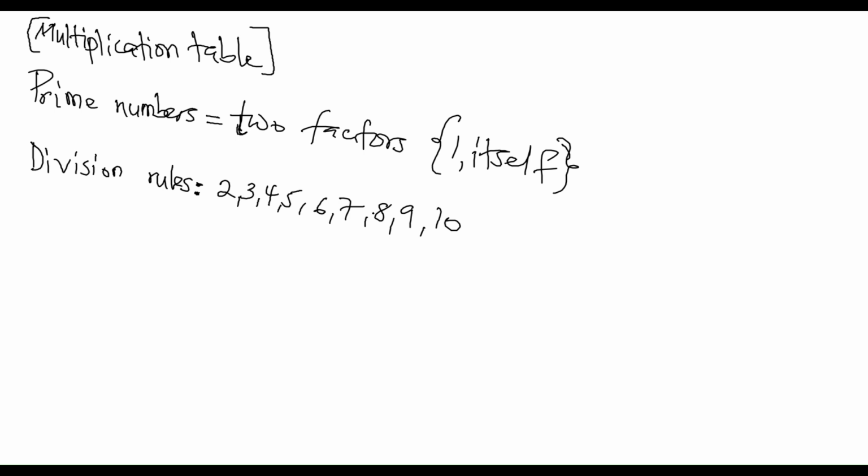We are going to stop at 10. So when they give us a number, how do we know that the number is divisible by this or that? If you know your division rules, it will help you to easily do your prime factorization.